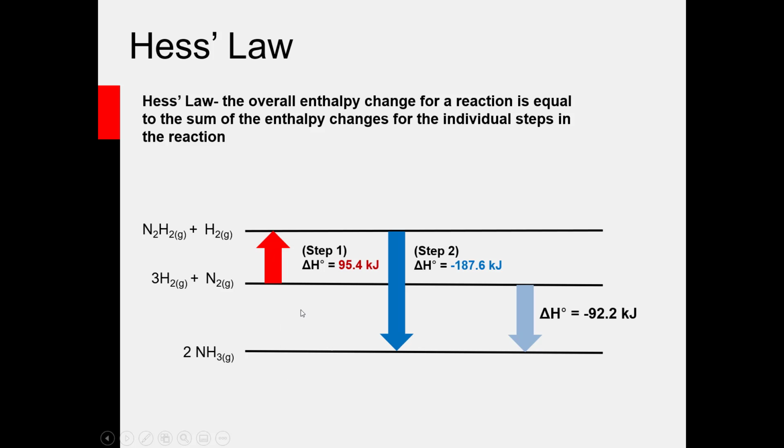Or if we represent that as a diagram, we put in heat to go from the first step to the second step. The second step released a lot of heat, and the overall amount of heat released is the difference in enthalpy between our reactants and our products here and here.